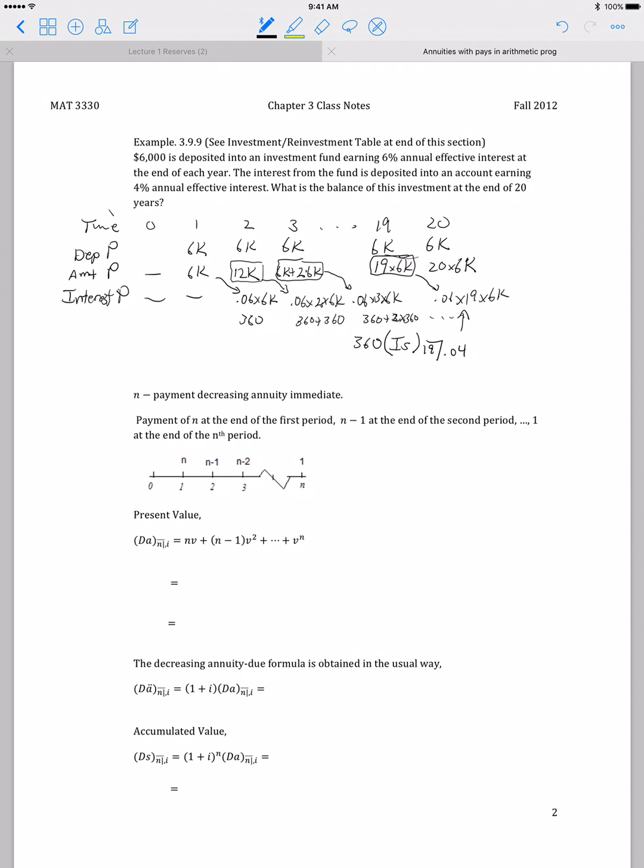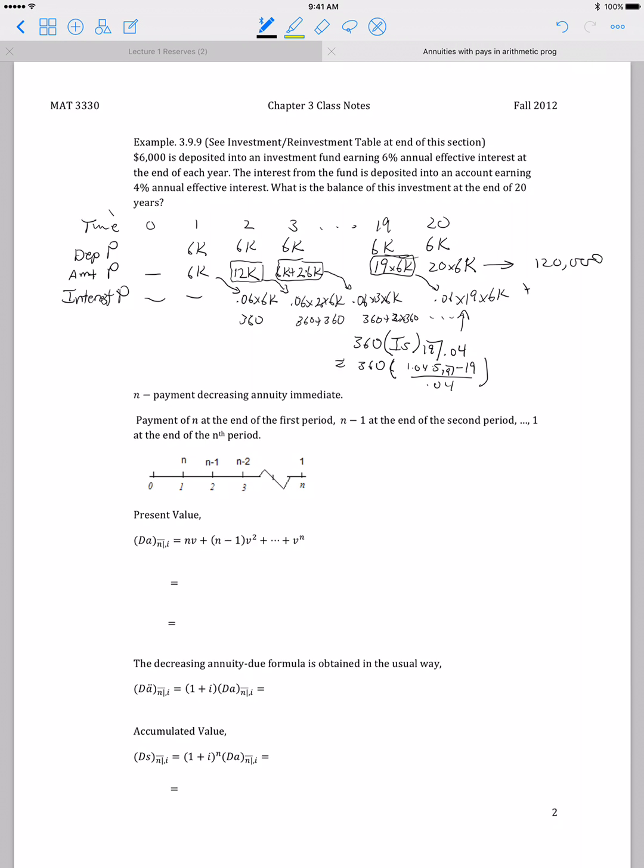It's easy to add up what's in the primary account, just 20 times 6K, or 120,000. Plus, I need to calculate the value of this symbol. So that's going to be 360 times 1.04 s angle 19 minus 19 over 0.04.